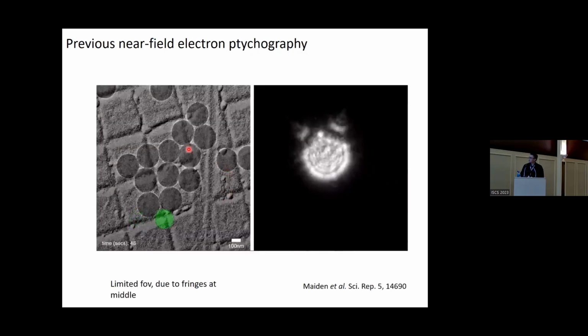Here is a video of how that will work. The green circle represents the region of interest, and the right moving image is the recorded diffraction pattern.